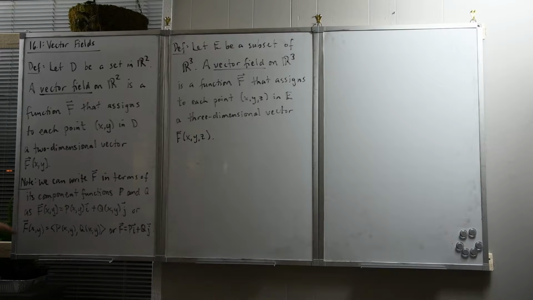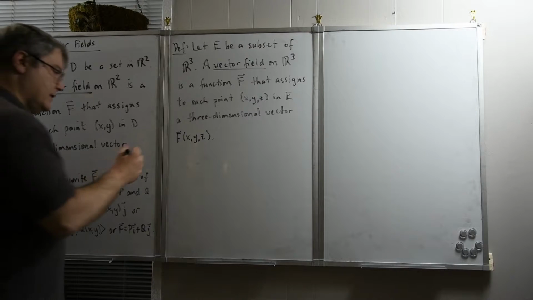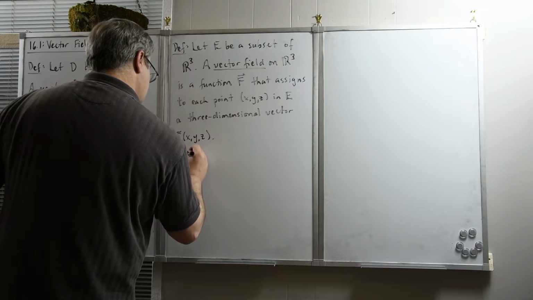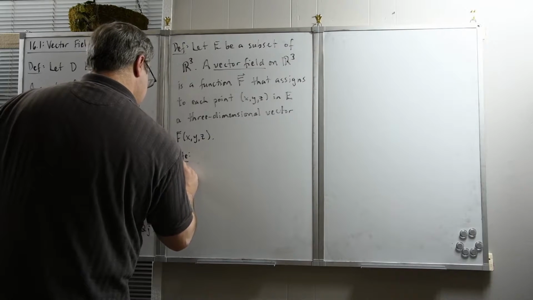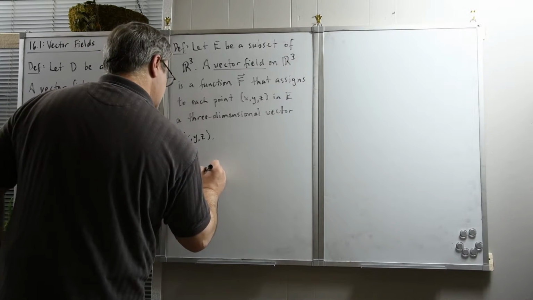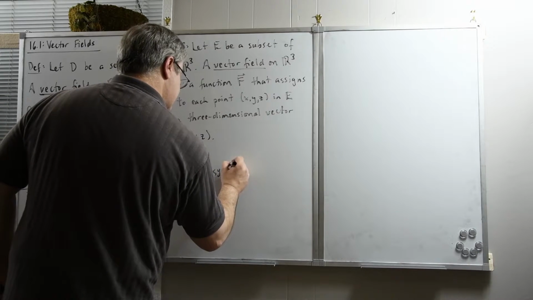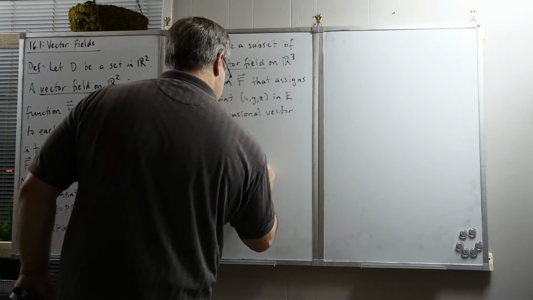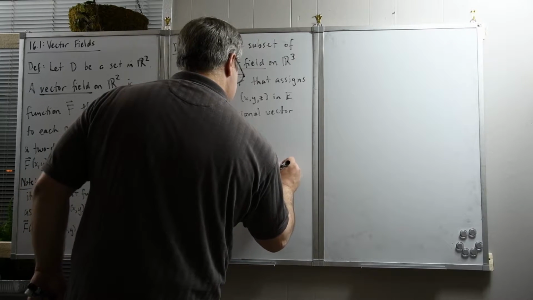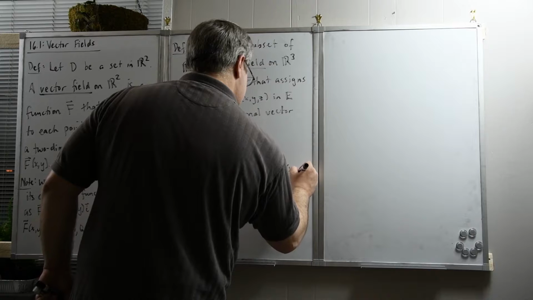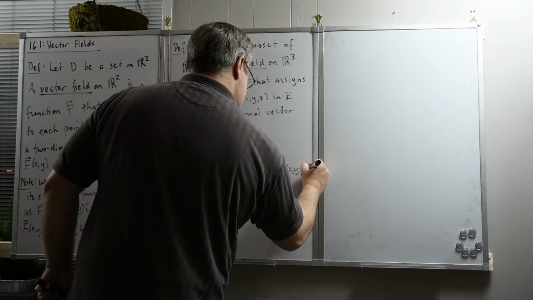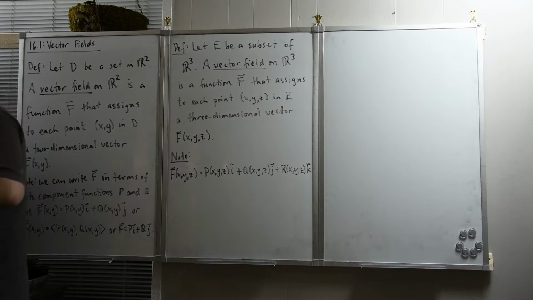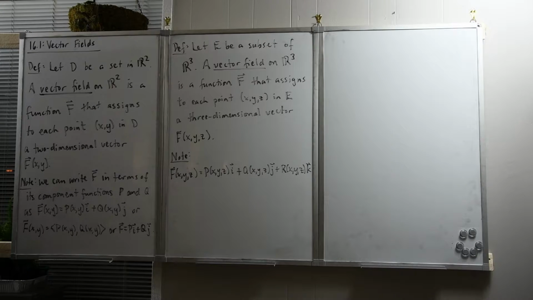And similar to what we see over here, we can write the F of x, y, z as follows, just this time we'll have 3 components. So we'll have P of x, y, z i plus Q of x, y, z j plus R of x, y, z k.